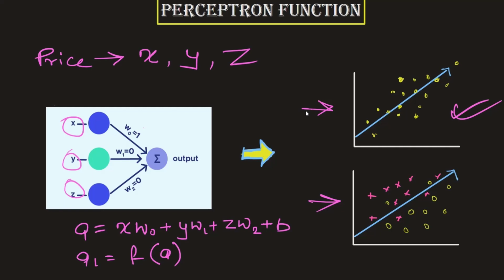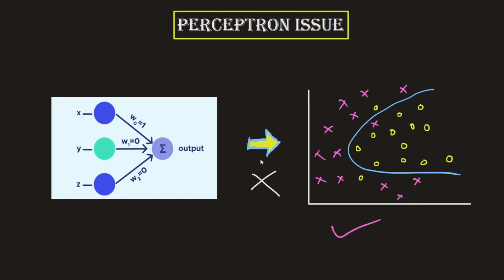So I'll try to explain what I'm saying. In case you have a data set like this, where the data is not linearly separable, instead, you need to apply some sort of non-linear function to classify two different data points. In that case, one single perceptron will not be able to do the job. It can do well whenever the data is linearly separable. However, it will not be able to capture this non-linear relationship.